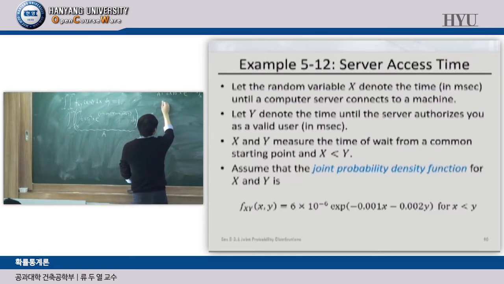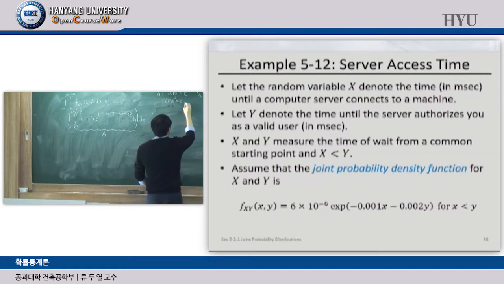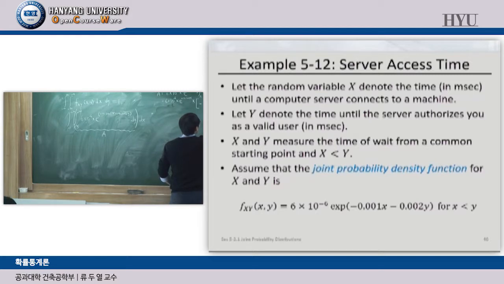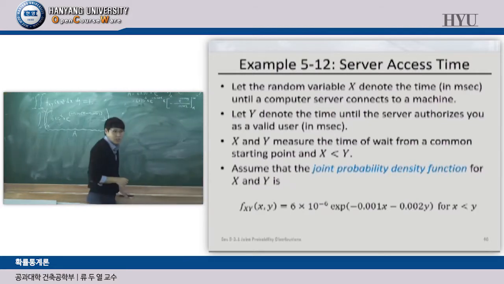And that is equal to 6 by 10 to the minus 6th power by exponential minus 0.001x by minus 0.002 exponential minus 0.002y from x to infinite. Okay?